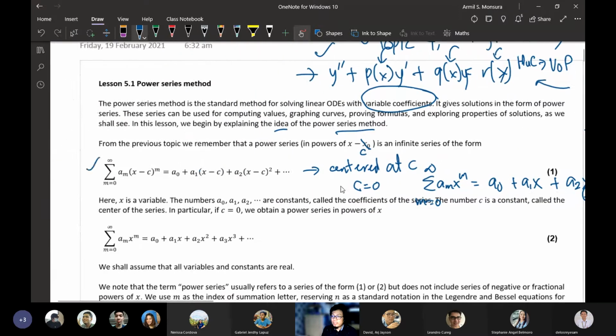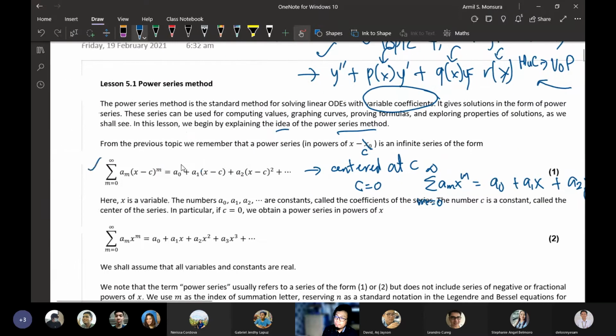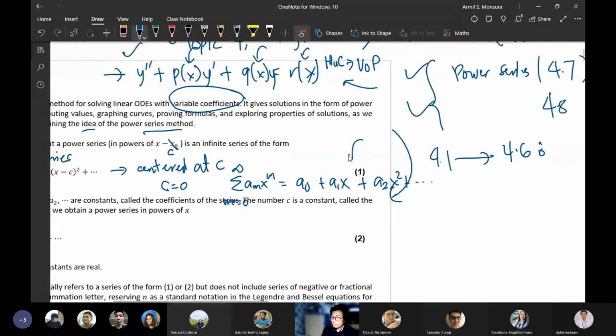Okay? This series is called the Taylor series of a function, while this one, when C is equal to 0, is called the Maclaurin series. Okay, this is clear.